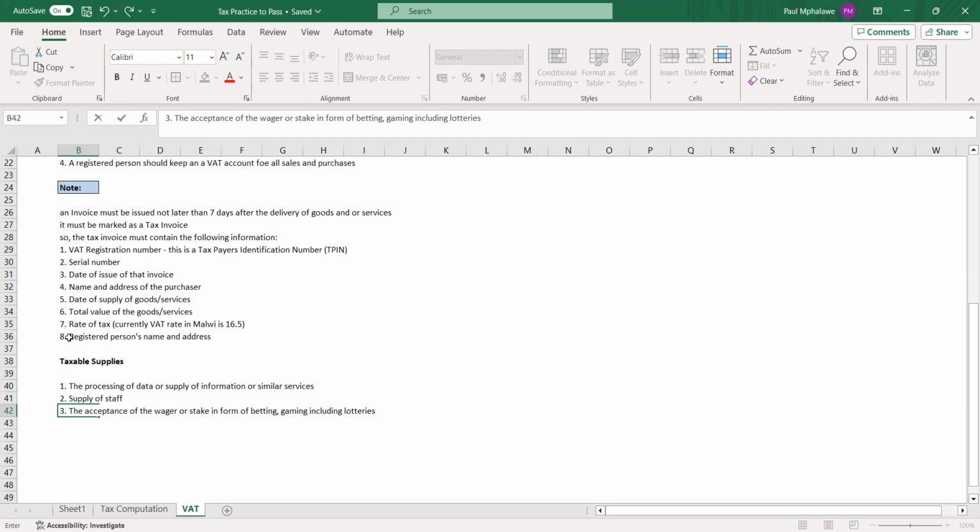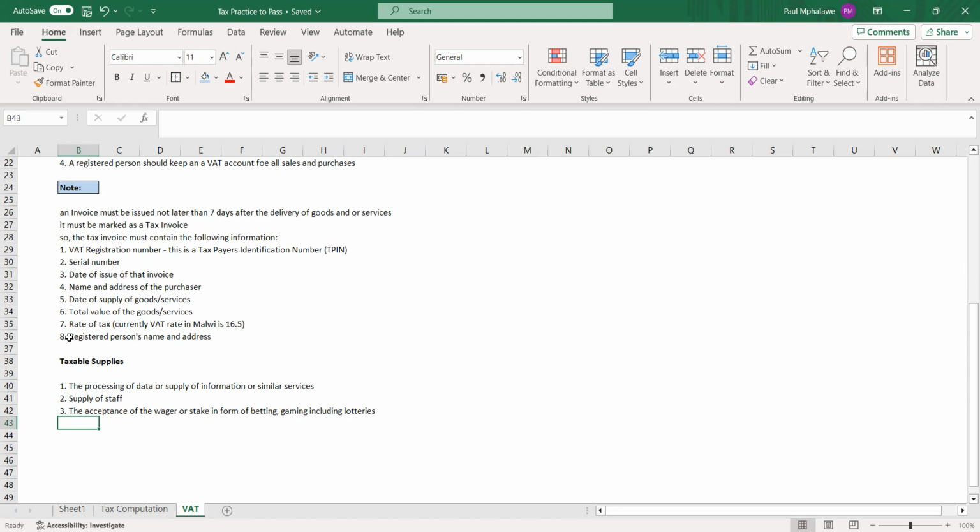Okay, that, my friends, is a taxable supply. So in Malawi, there is a special tax that is paid on gaming. All right, gaming, what you do, there's a portion that goes to the gaming board, the Malawi Gaming Board, and a portion goes to Malawi Revenue Authority.